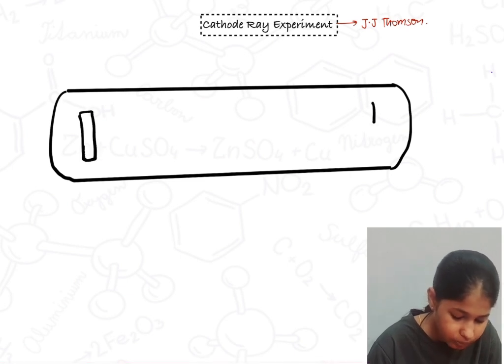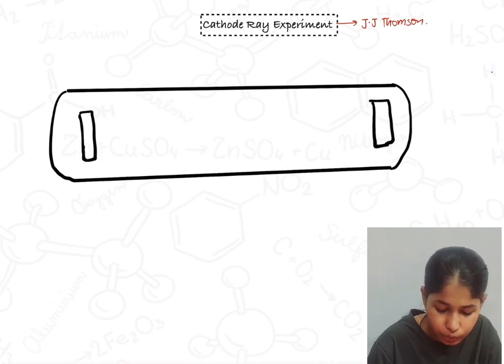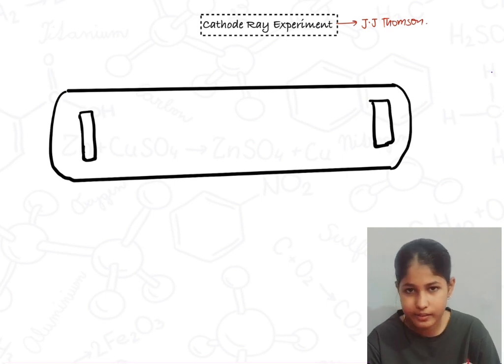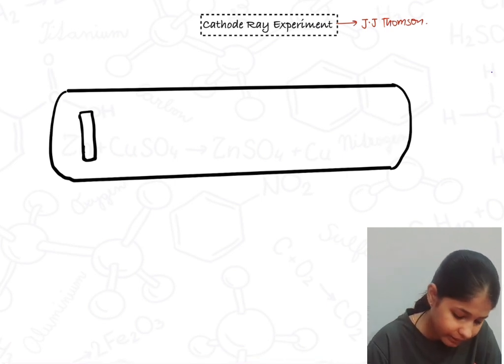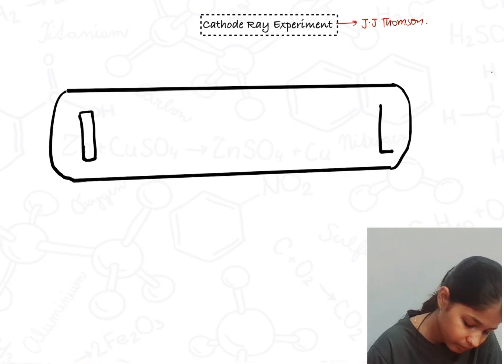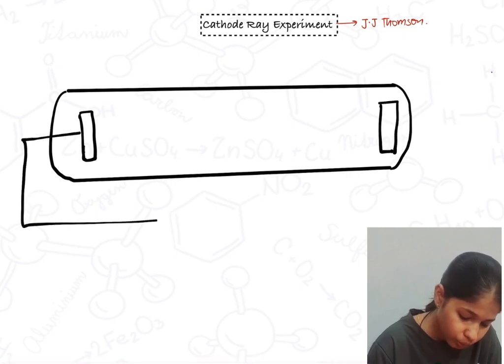J.J. Thomson took a hollow tube, and inside that hollow tube he fitted two electrodes.